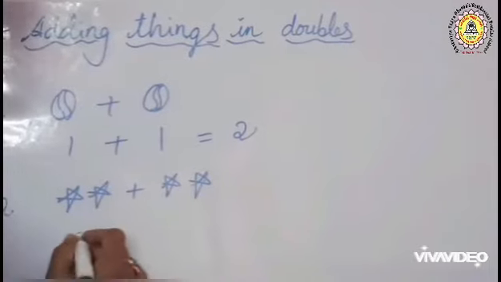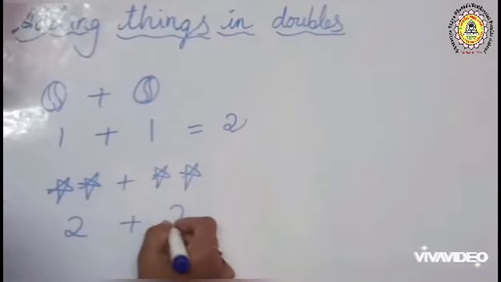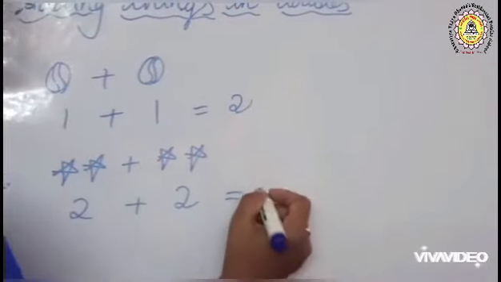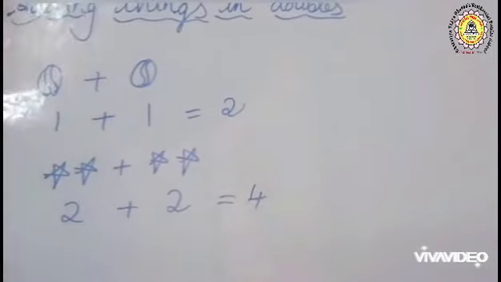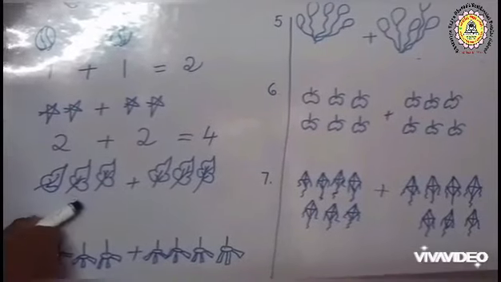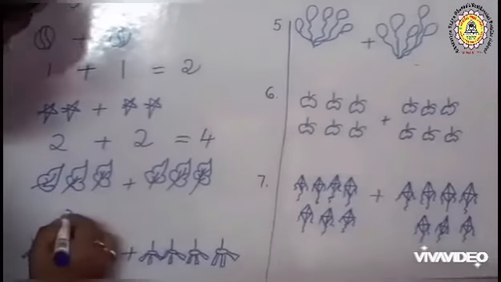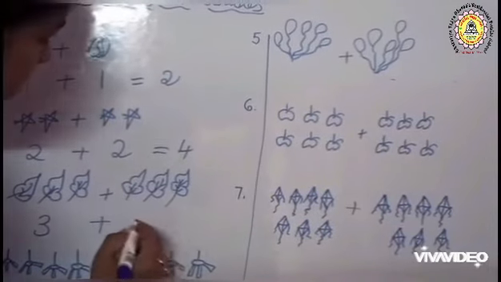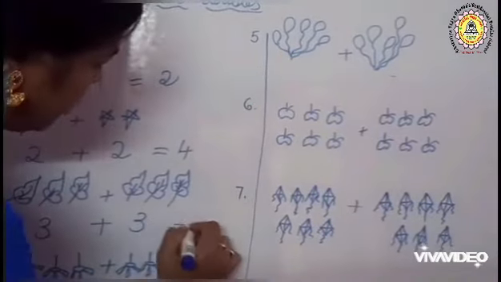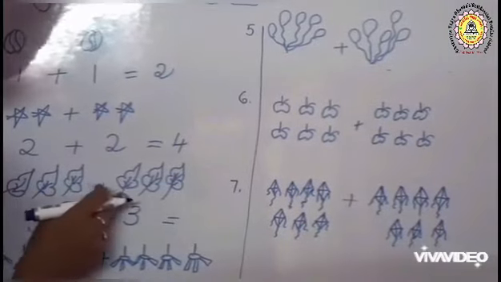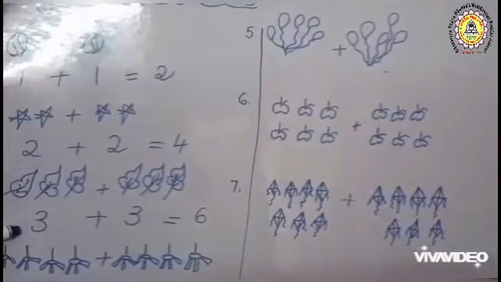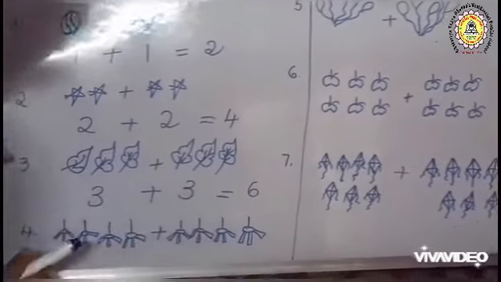That means 2 plus 2 is equal to 1, 2, 3, 4. Together 4. 1, 2, 3 plus 1, 2, 3 is equal to 1, 2, 3, 4, 5, 6. 6 here. That means double of 3 is equal to 6.